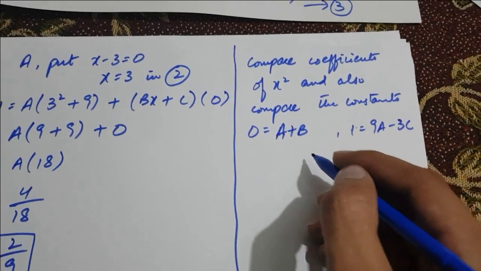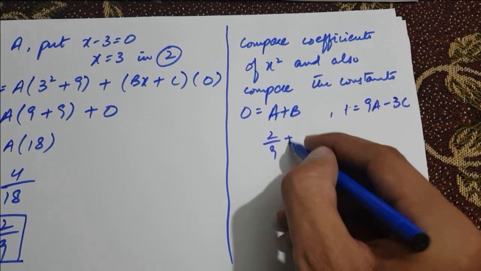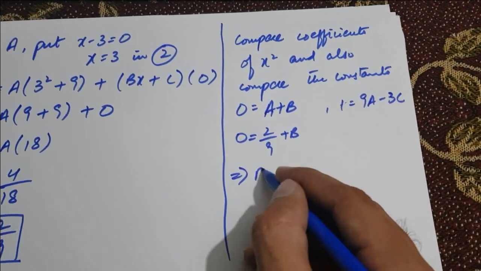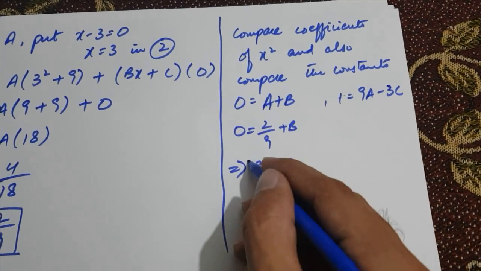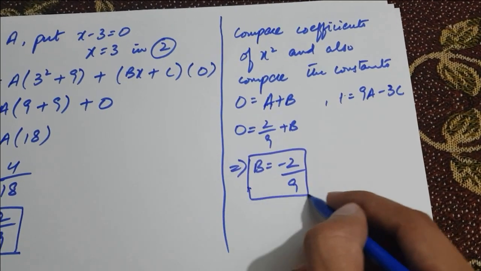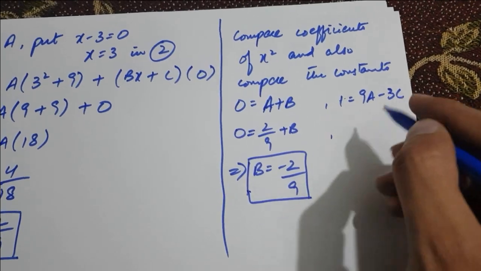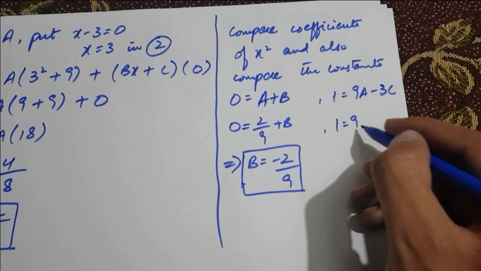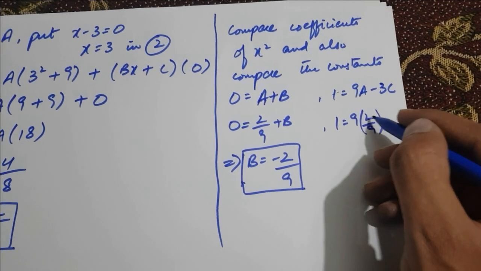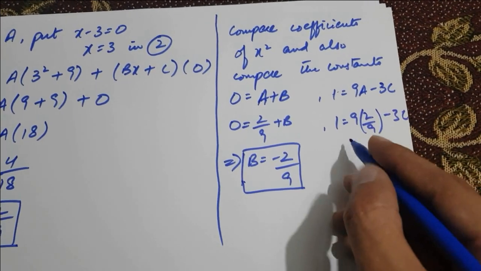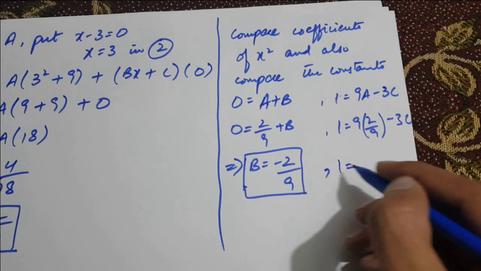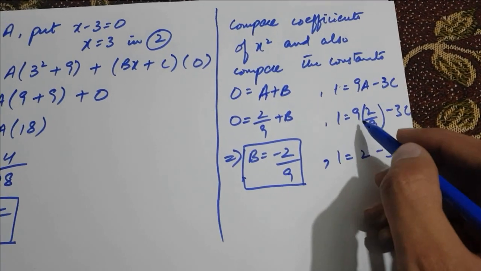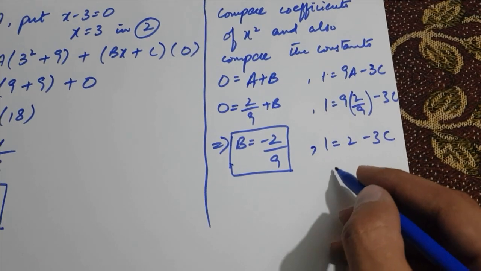So here, putting the value of A, we get 2 over 9 plus B equals 0, and we get B equals minus 2 over 9. And here we get 1 equals 9 into 2 over 9 minus 3C, so we get 1 equals 2 minus 3C, where 9 and 9 are cancelled.